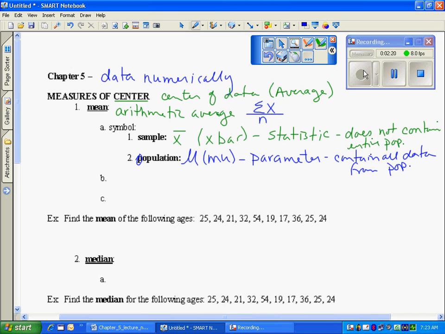So again, we're going to find a total, or sum the observations, and we're going to divide that by the total number of observations. So a calculator would be very nice to have here.